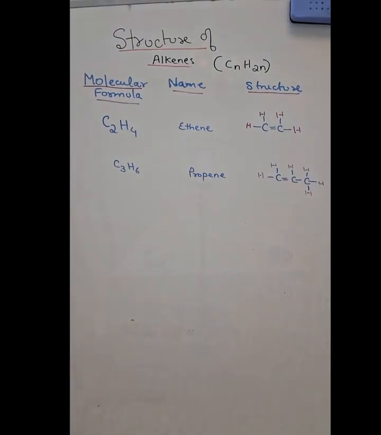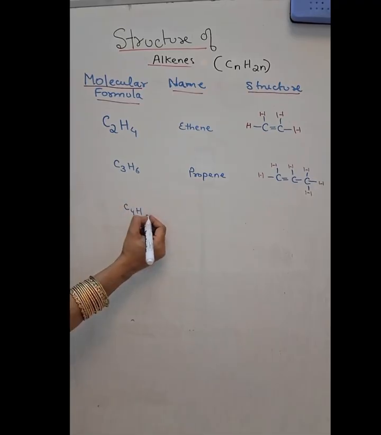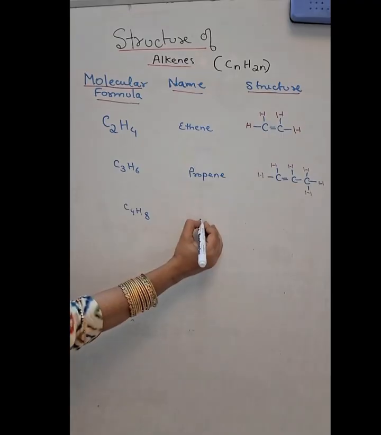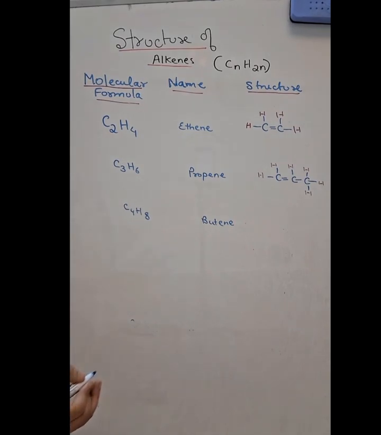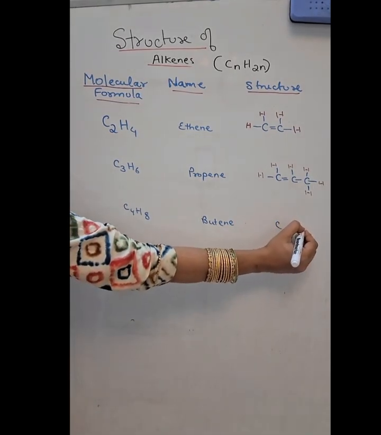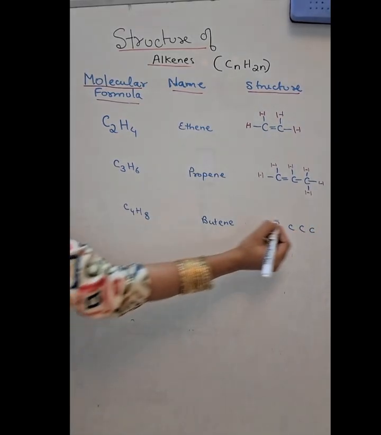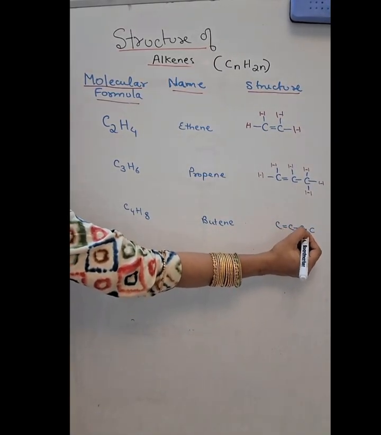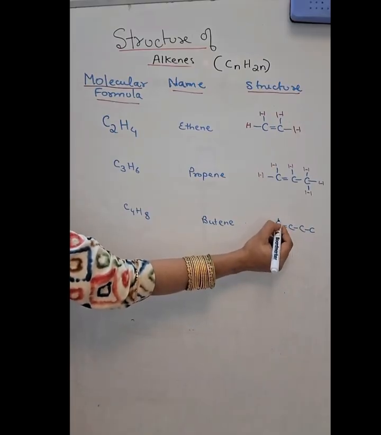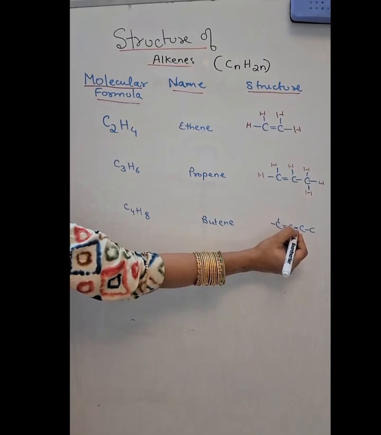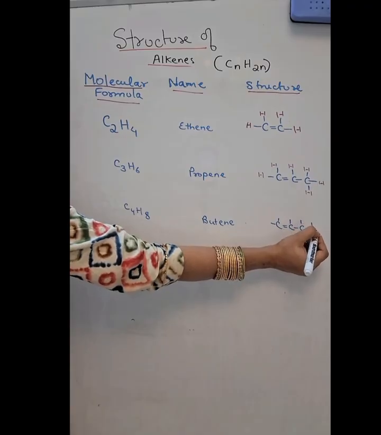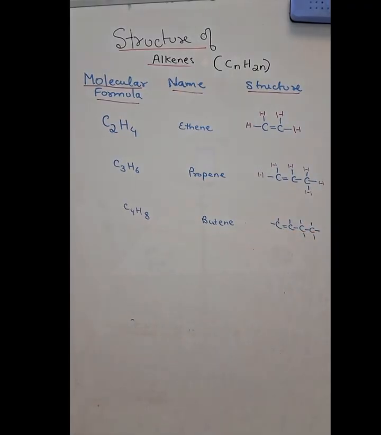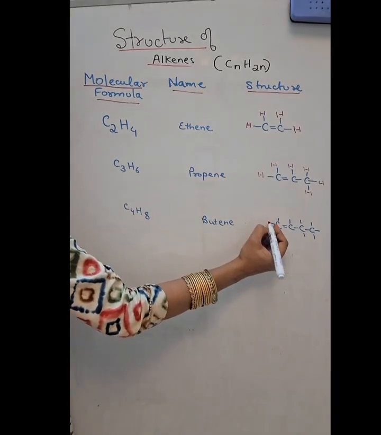The next member is C4. So how many hydrogens? Just double of 4, which is 8. The name is but because it is 4 carbon, and ene. And the structure is 1 2 3 4 carbons. The first and second carbons are doubly bonded, then singly bonded, then we will count 1 2 3 4 for this carbon, 1 2 3 4 for this carbon, 1 2 3 4 for this carbon, and 1 2 3 4 for this carbon, and we will satisfy with the hydrogen.